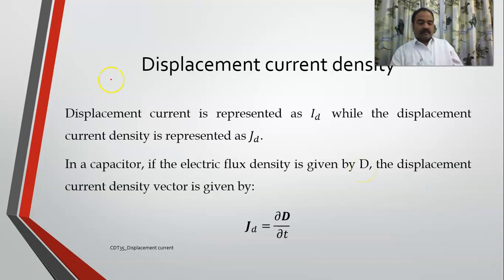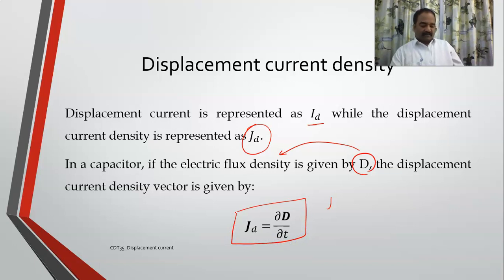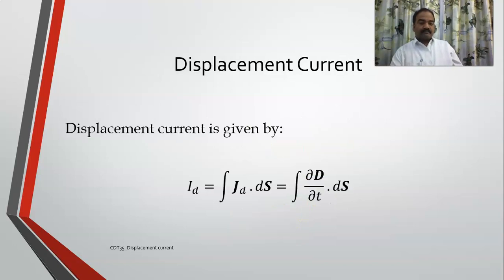Displacement current is normally represented by ID, whereas the displacement current density is represented by JD. Normally, rather than ID, we take JD. Let capital D represent the electric flux density. Then the displacement current density is given by JD equal to partial derivative of D with respect to t, where D is the electric flux density vector.